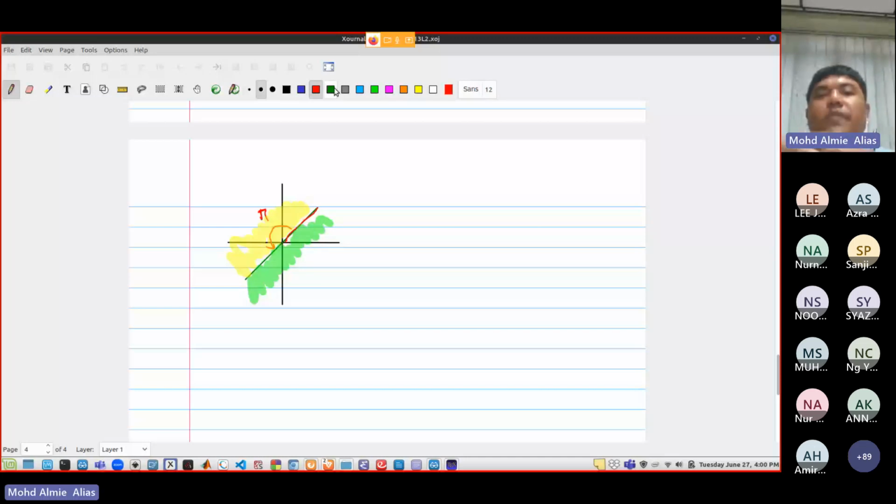So if you have a line which extends in both directions, you just need angle pi to produce a complete revolution.